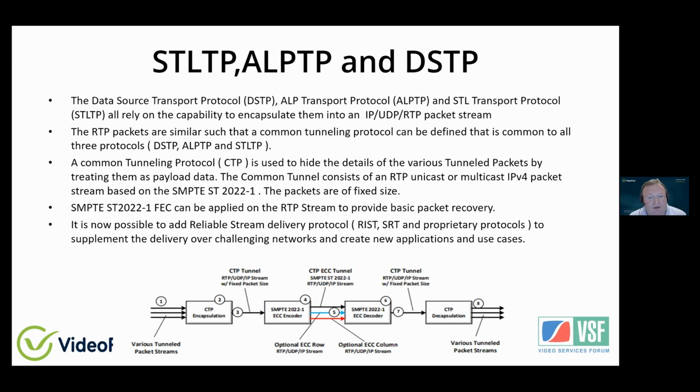Because they are 2022-1, we can apply RTP FEC on that and provide basic RTP packet recovery, but we can also apply some ARQ, and that is what I'm going to talk about. It is now possible to add reliable stream delivery protocols like RIST, SRT, and other proprietary protocols to supplement the delivery over challenging network conditions and create new applications and use cases. Below me, you can see a diagram of how the data flows left to right.